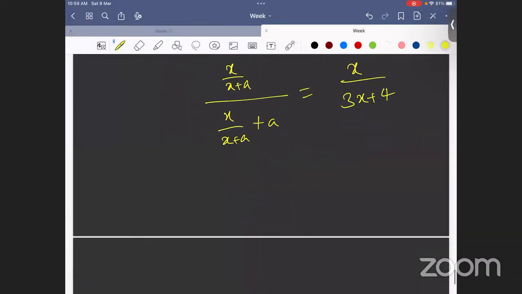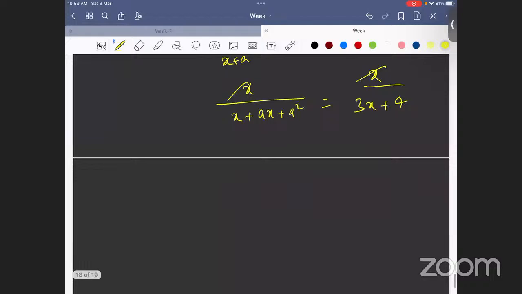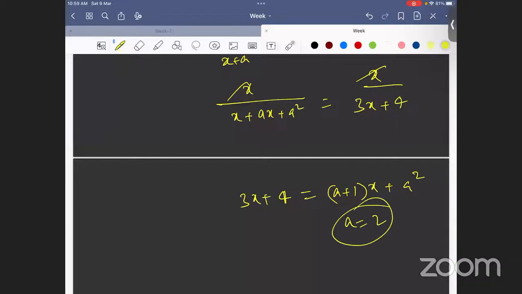So what are you getting? x upon (x plus a) square equals x upon 3x plus 4. If you cancel, this one will be left with 3x plus 4 equals (a plus 1)x plus a square. So I guess a should be equal to 2, so that this gets cancelled and this also gets cancelled.